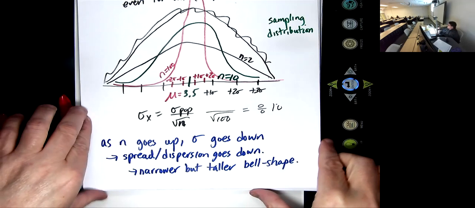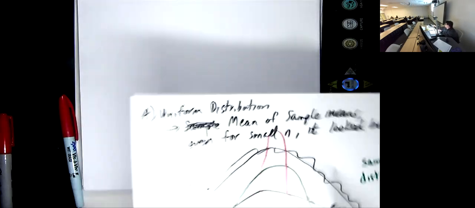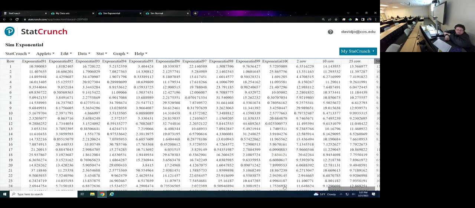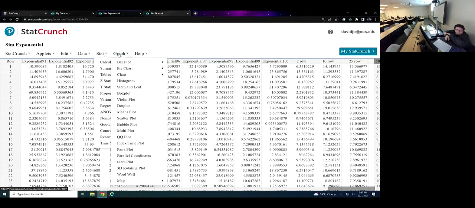All right. So let's look at a couple of the other distributions real quick, just so you can see what one of these looks like.